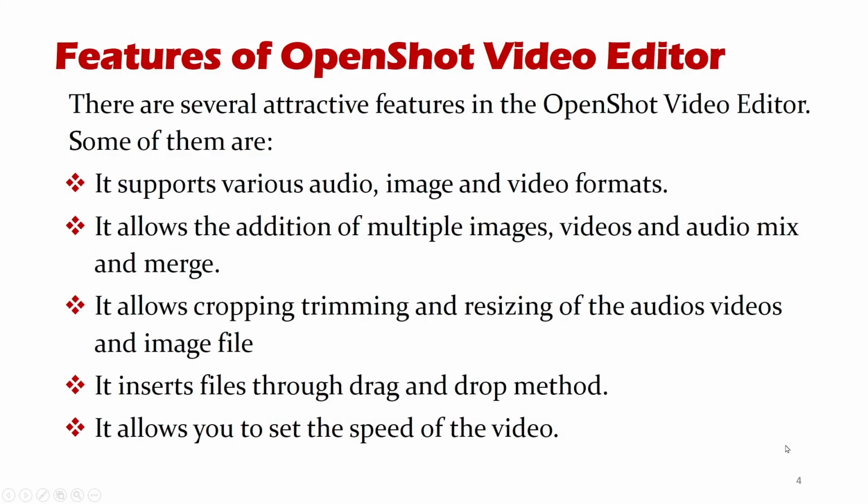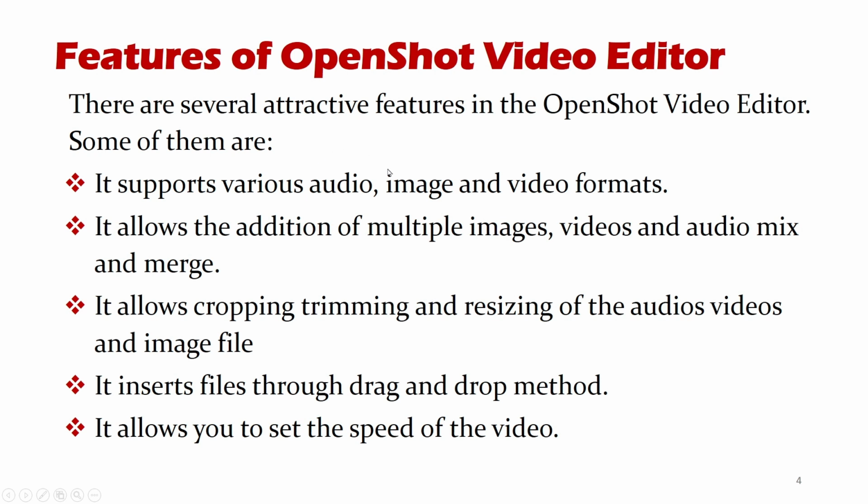Now, what are the features of OpenShot Video Editor? There are several attractive features in the OpenShot Video Editor. Some of them are: it supports various audio, image and video formats.